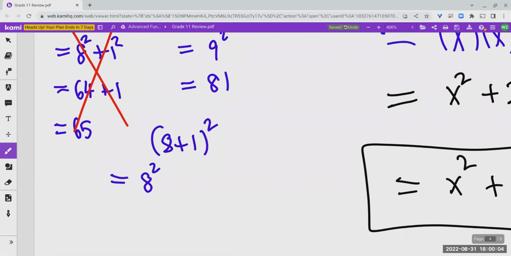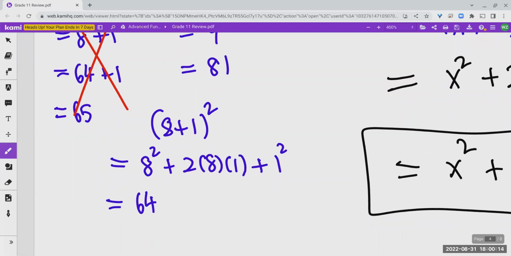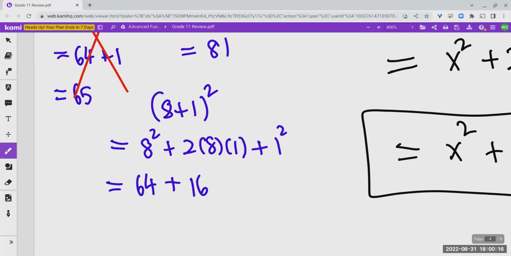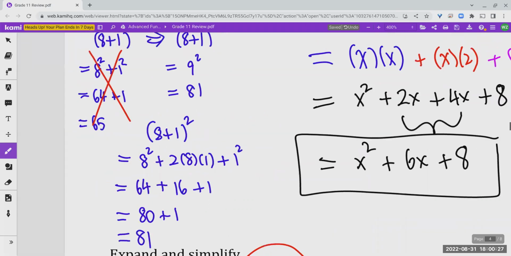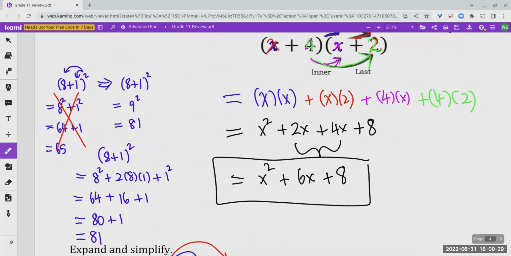Okay, a squared plus 2ab, so 2 times 8 times 1, plus b squared, right? 8 squared is 64. 2 times 8 times 1 is 16, plus 1 squared is 1. What do we have? So 64 plus 16 is 80, plus 1 is 81. Now you see, that's why the formula works.